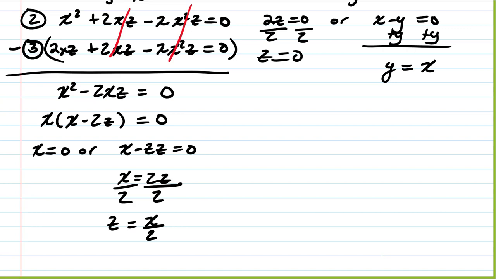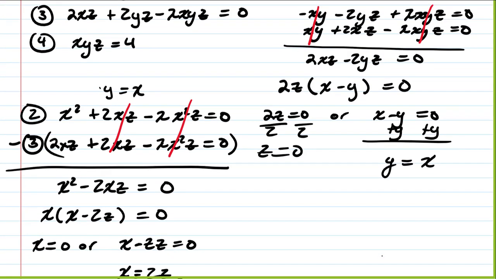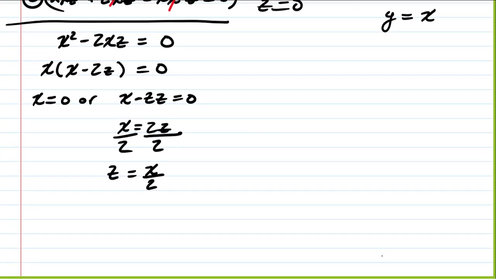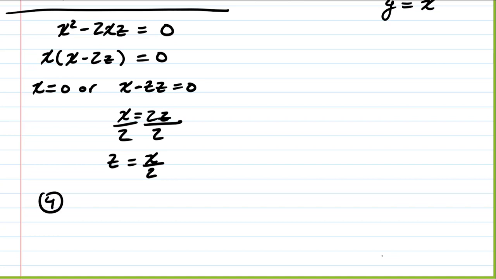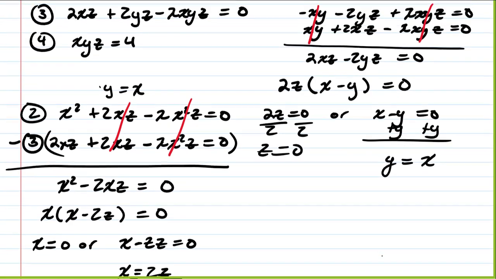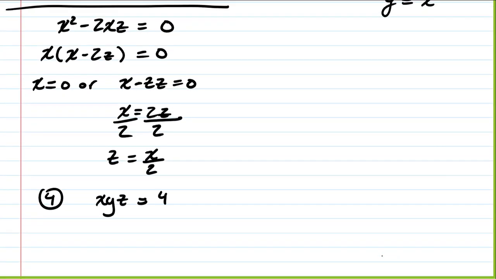So if y is equal to x and z is equal to x over 2, we can finally use equation 4. Equation 4 tells us that x times y times z was equal to 4. So we substitute those values in. y is the same as x and z is x over 2, so that's x times x times x over 2 is equal to 4.